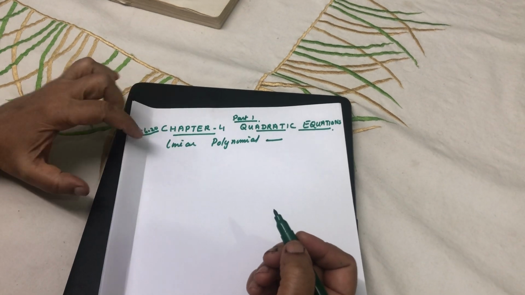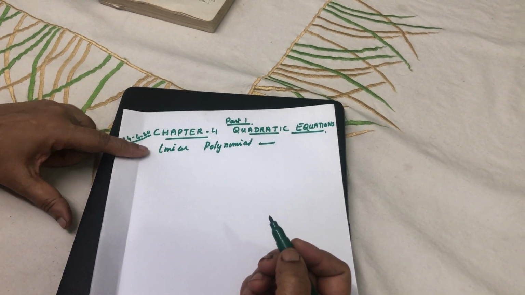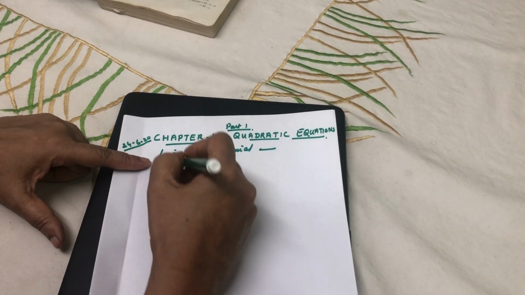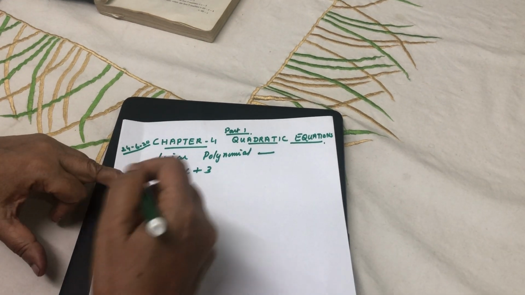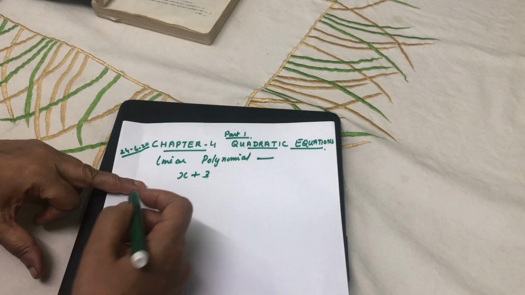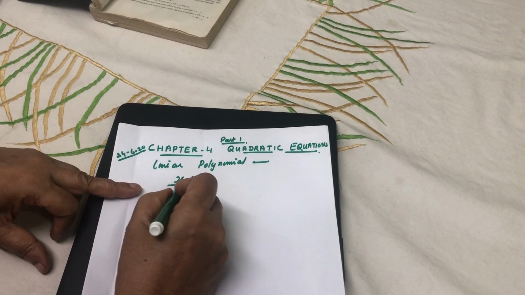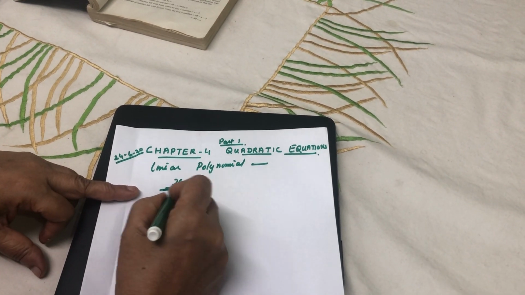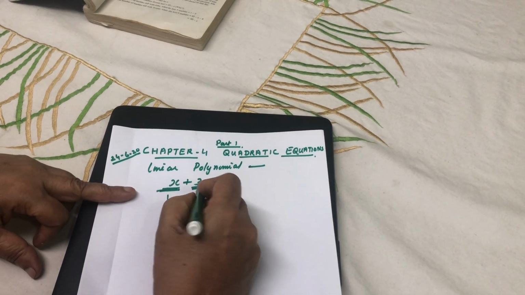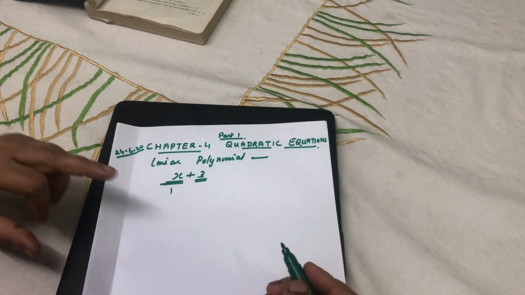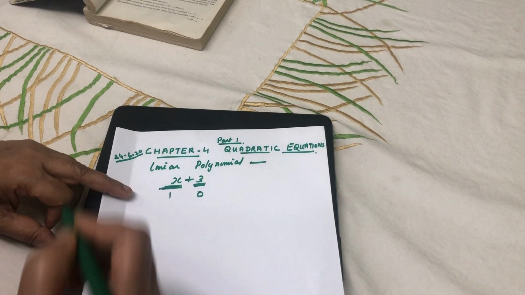A polynomial of degree 1 is called a linear polynomial. For example, x plus 3. Here there are two terms, and the exponent of the first term x is 1, and this is the constant term. The degree of a constant term is 0.